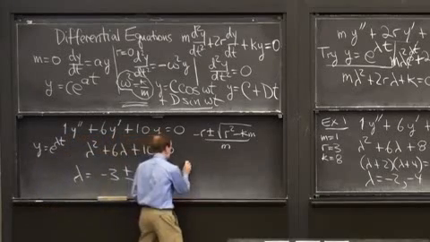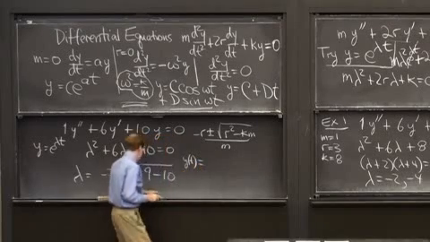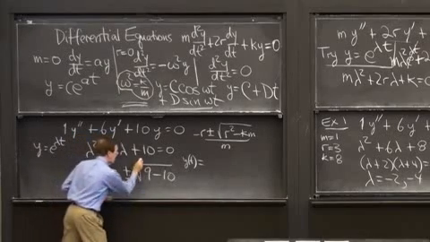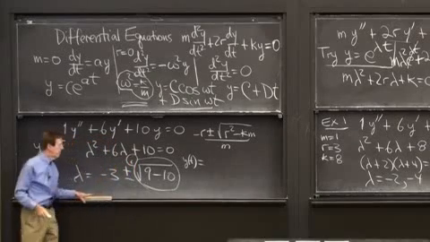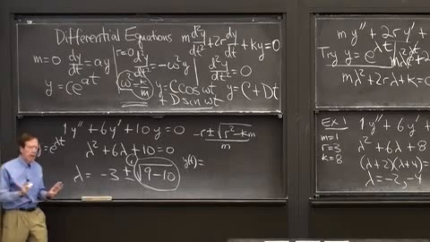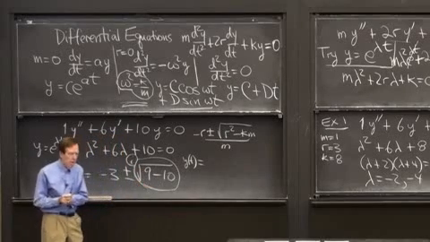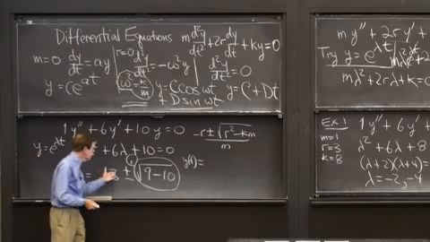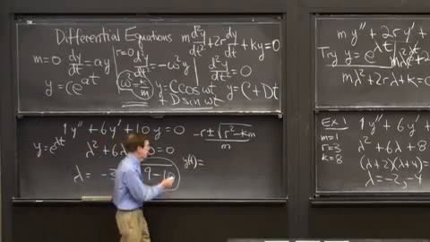So I see the solution, y of t. You see, this is i here, the square root of minus 1. We can deal with that. It's a complex number, an imaginary number. And the combination minus 3 plus i is a complex number, and we have to accept that that's our lambda.